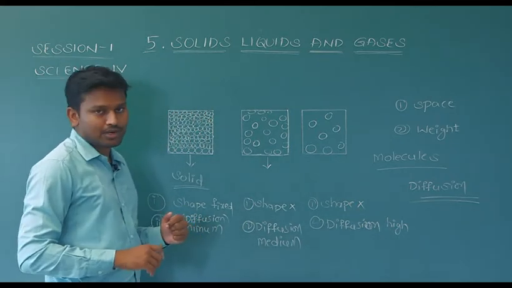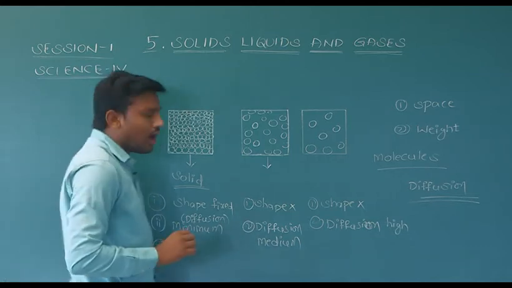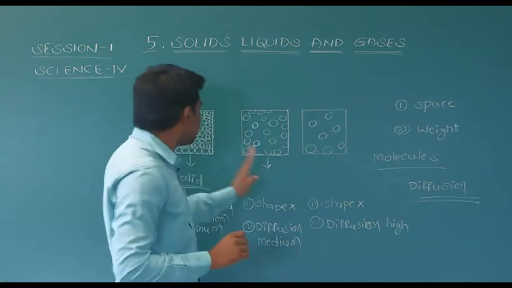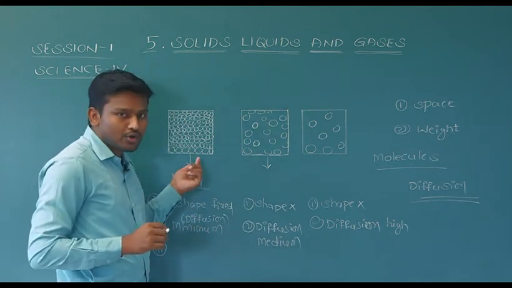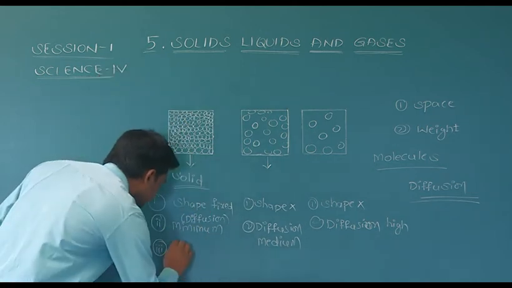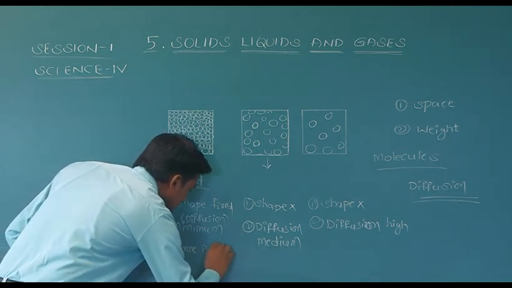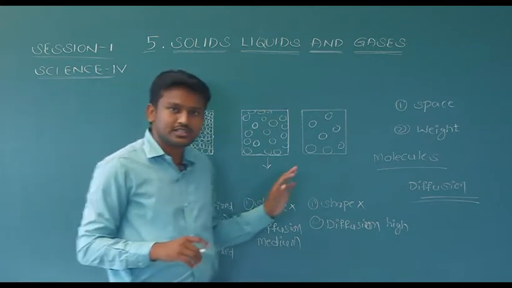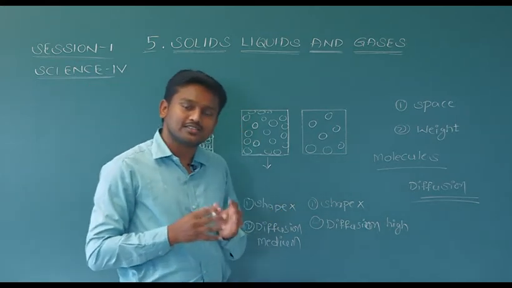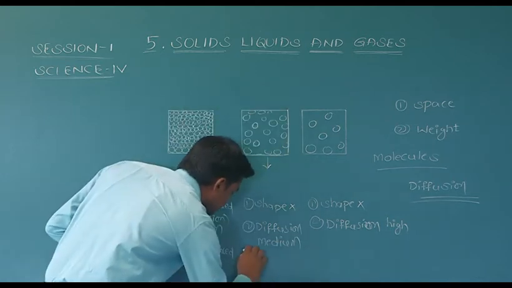Now, let us see another property, that is volume. How is volume in these three states of matter? The first one, the volume of solid is fixed. In liquids, volume is also fixed, only gases will be different.